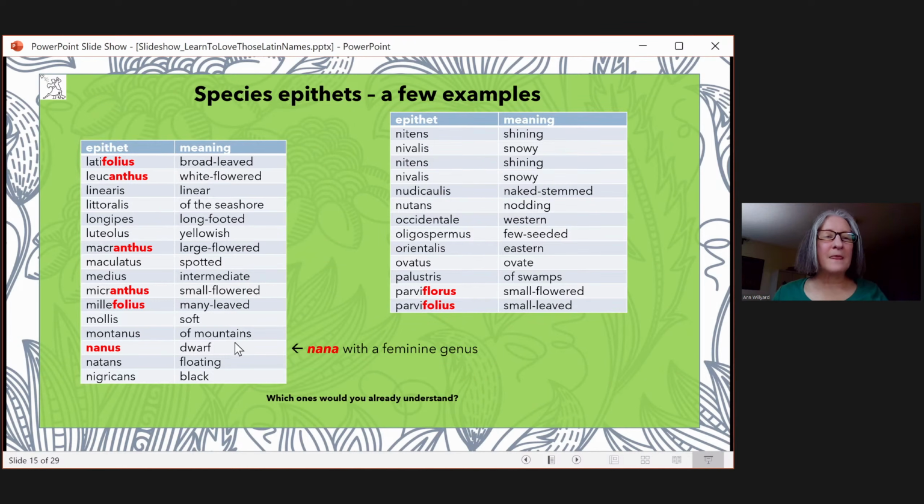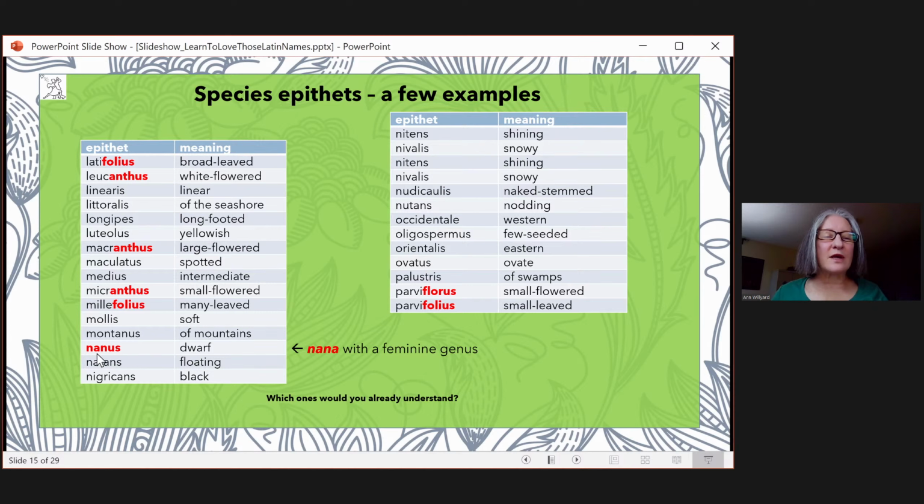A couple more examples. Here's some others: latifolius and parviflorus. Let's see, I was going to give you latifolius and millefolius. So lat meaning broad, milli meaning many. Macranthus meaning large flowered, micranthus meaning small flowers.